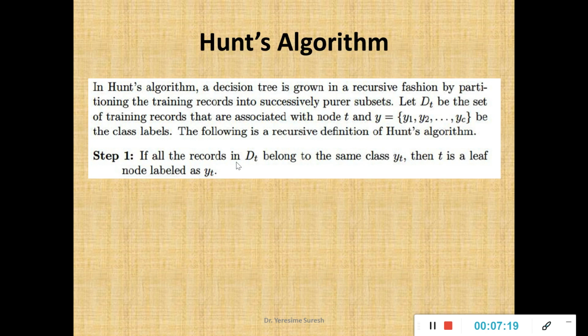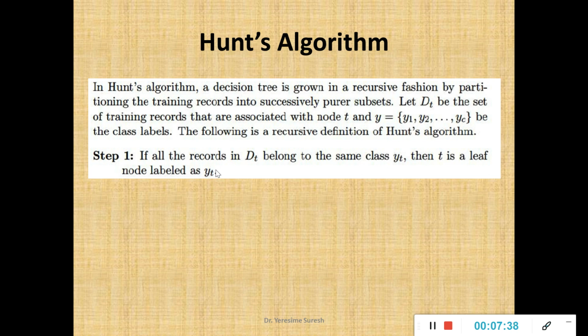But what is the sentence saying? If all the records in Dt belong to the same class. So if all the 10 instances belong to the target value yes, or if all the 10 instances belong to the target value no, then t will be your leaf node and it is labeled as yt.